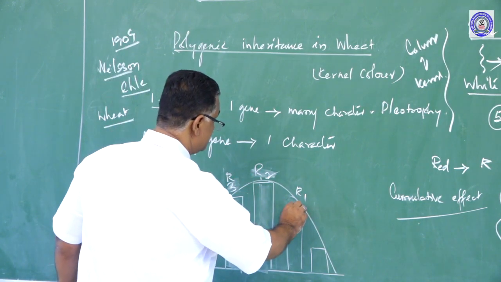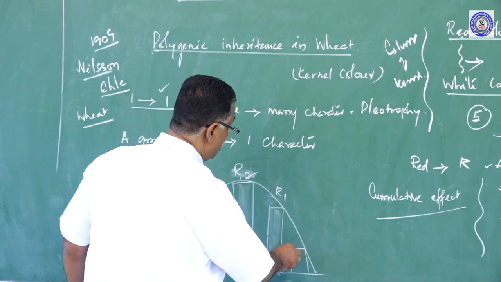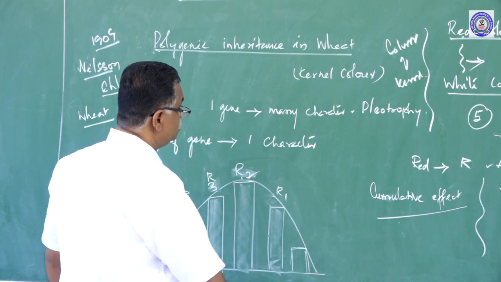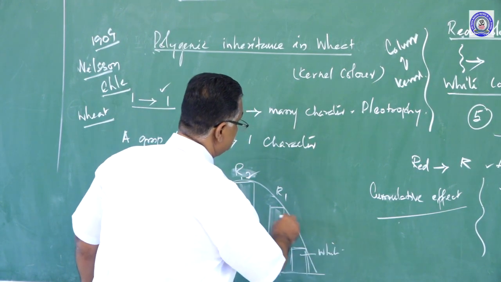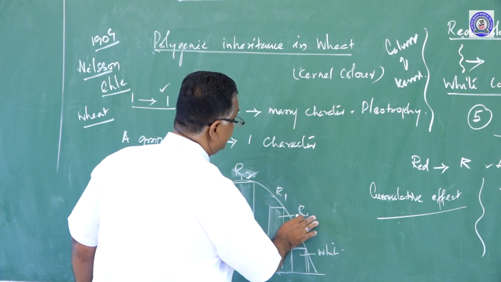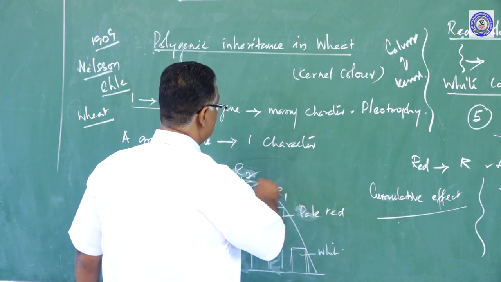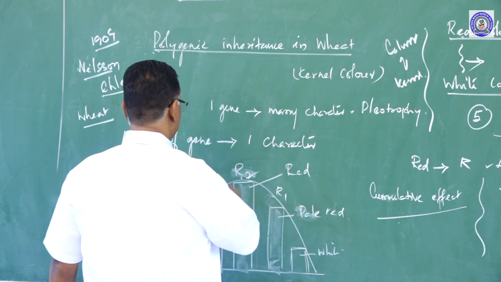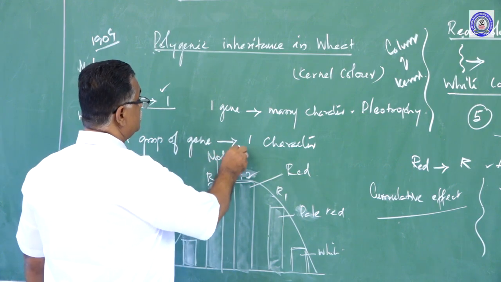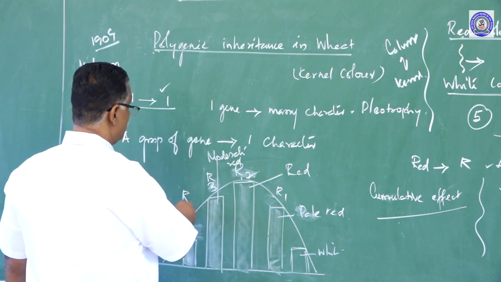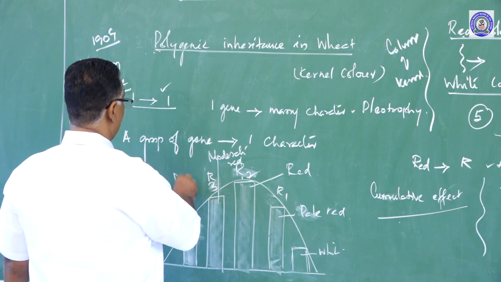Only one dominant gene is there in these 4 individuals, and no dominant gene is there in this, so this is white. This is light red or pale red, this is red, this is moderate red, and this one is thick red or dark red.